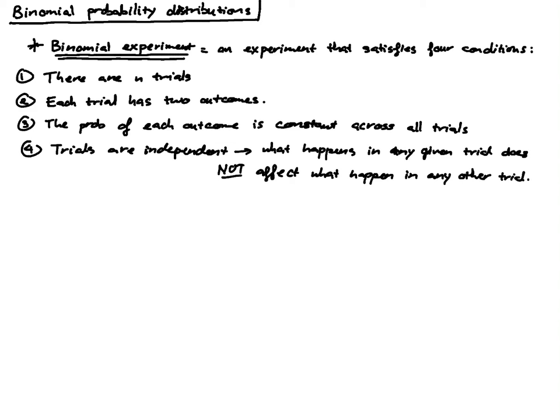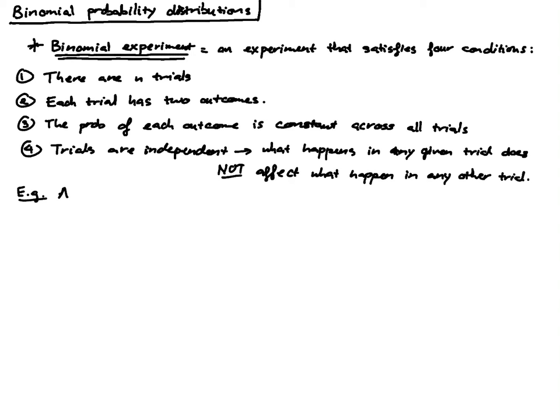So if an experiment satisfies these four conditions, then it's known as a binomial experiment. Okay. So let's look at an example and determine if we have a binomial experiment or not.